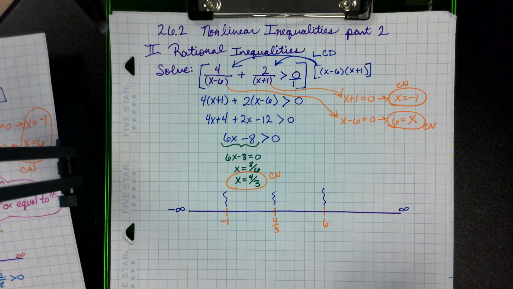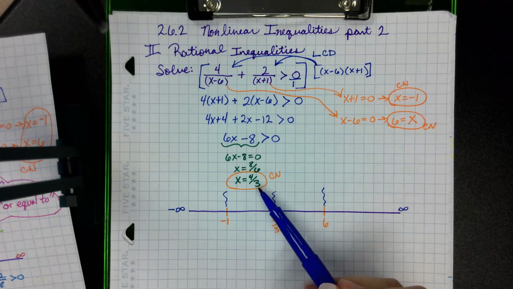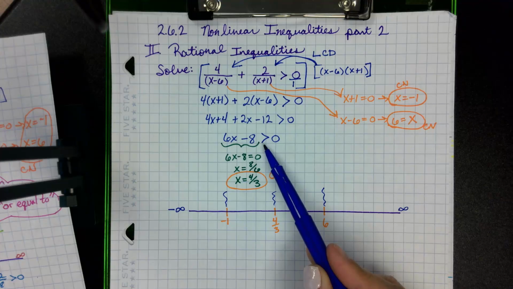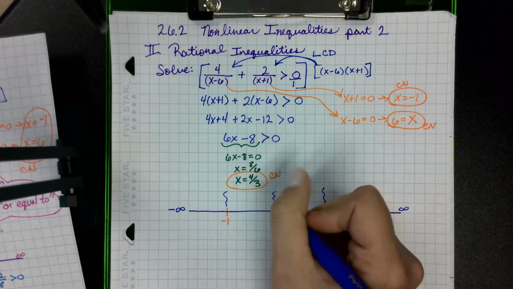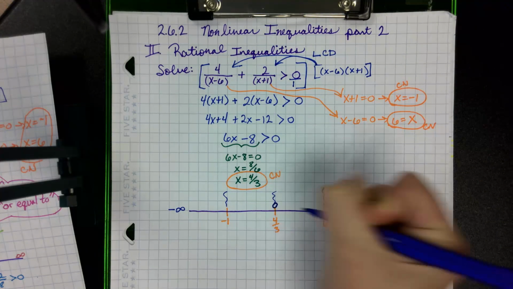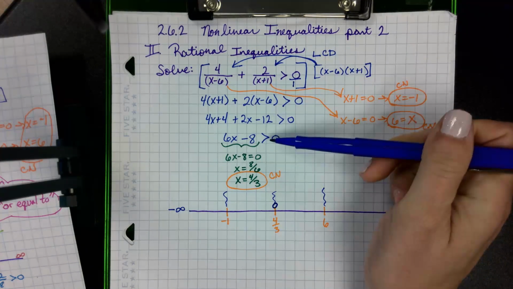All right, so if we look at the 4/3, figure out if it's included or not included in our answer interval, it came from this part that was greater than 0, so that's not included, right? That would be an open dot or parentheses. So at 4/3, I know 4/3 is going to be open because it comes from this symbol.